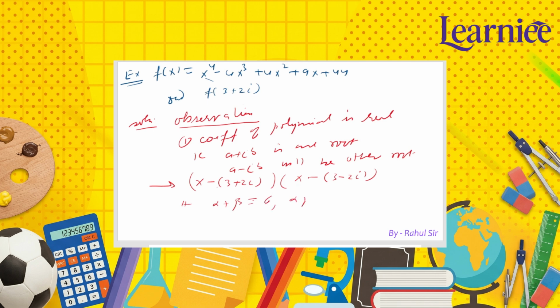And what is the product of roots? 3 times 3 is 9 plus 4, so 9 plus 4 is equal to 13. So the corresponding second degree equation having roots 3 plus 2i and 3 minus 2i is x square minus (sum of roots) x plus product of roots. This particular equation has roots 3 plus 2i and 3 minus 2i.